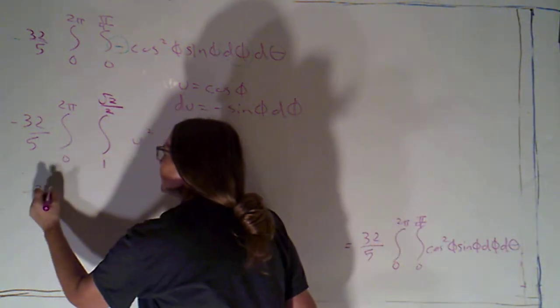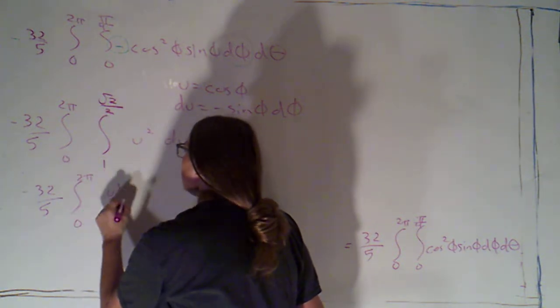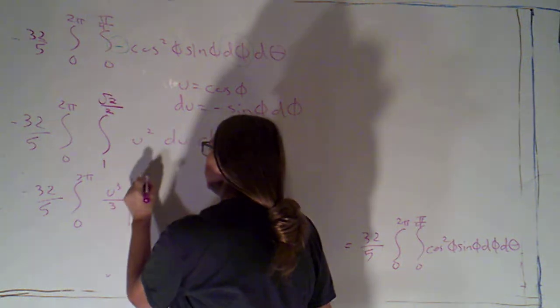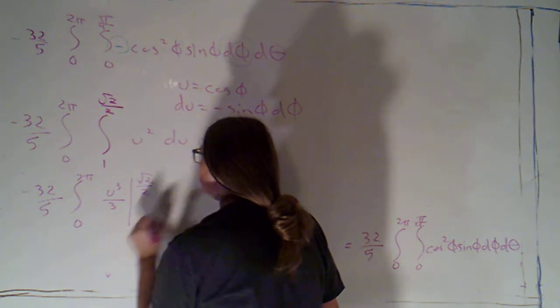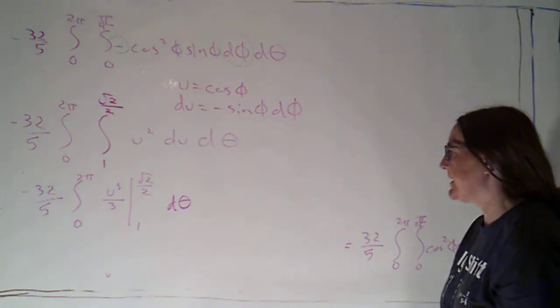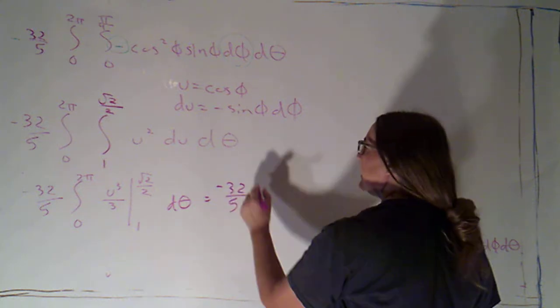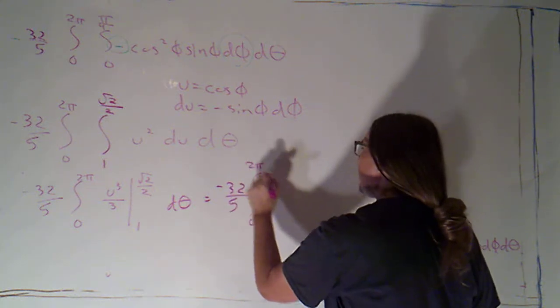So negative 32 fifths, integral 0 to 2 pi. This is going to become u cubed over 3, evaluated between root 2 over 2 and 1. And then we still have to integrate that with respect to theta. So negative 32 fifths, integral from 0 to 2 pi.